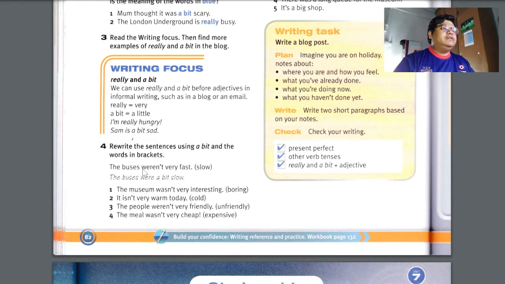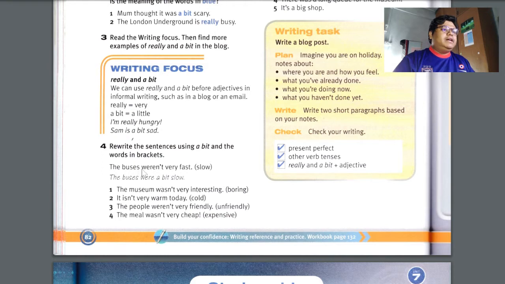Dia akan kata the buses were not fast at all. So maksudnya tahap kelembapan dia tu lagi tinggi dari were very fast. Were very fast ni tak terlalu laju. So it's a bit slow. Sebab tu dia pakai the buses were a bit slow, bukan the buses were very slow.